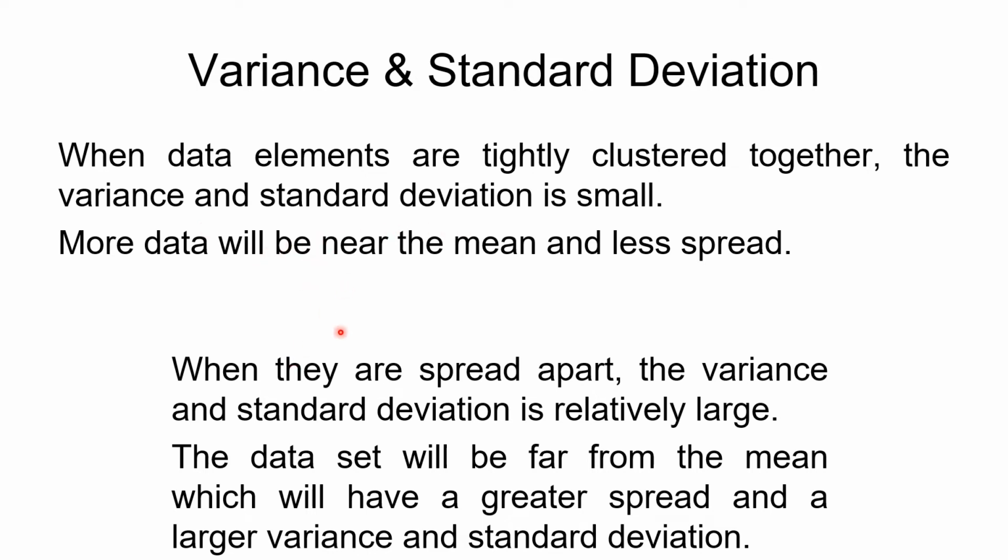On the other hand, when the data is spread apart, the variance and standard deviation are relatively large. So this data set will be far from the mean and will be considered to have a greater spread, because it has a larger variance and standard deviation.